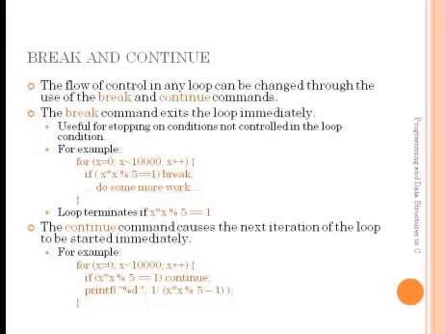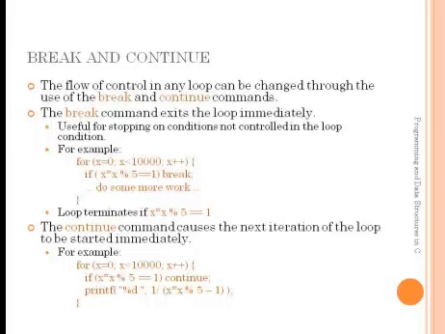Consider one example on break statement and continue statement. In the first example, we are using the break statement in the for loop. For x equals 0, x less than 10,000, x plus plus. If x square modulus 5 equals 1, then break. Otherwise, do something.